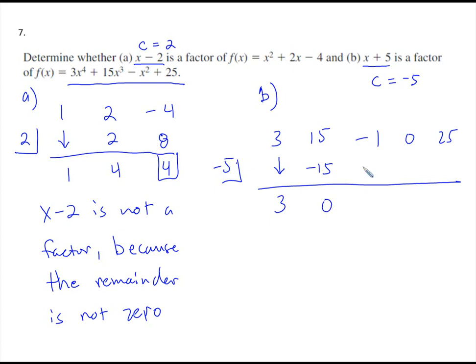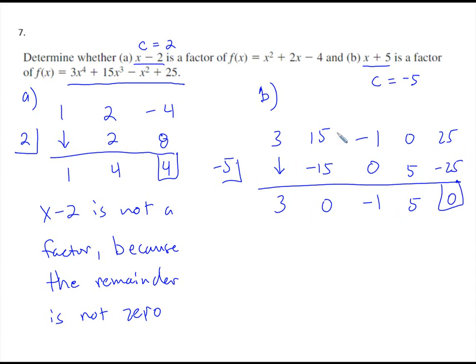I multiply 0 and negative 5, that gives me 0. I add negative 1. Multiply, positive 5, add 5, multiply, negative 25. So my remainder is 0.